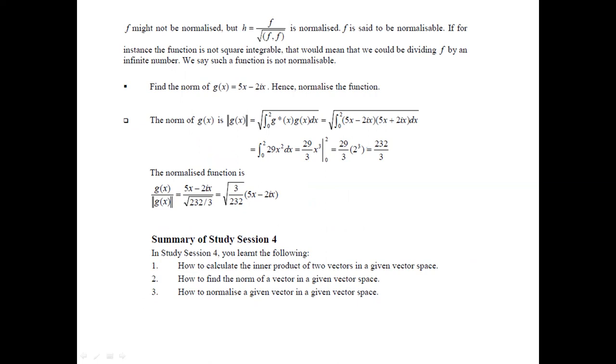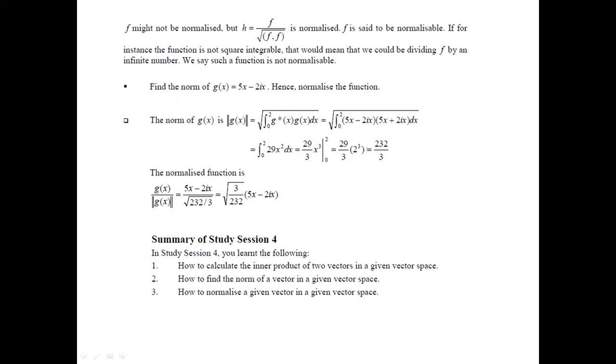Find the norm of g of x equals 5x minus 2ix. Hence, normalize the function. The norm of g of x is defined as, we have seen that before, square root of integral from 0 to 2 of g star of x, g of x dx, which will be square root of integral from 0 to 2 of (5x minus 2ix) into (5x plus 2ix) dx, which will be equal to integral from 0 to 2 of 29x squared dx, which is 29 over 3 x cubed from 0 to 2, which is 232 over 3.